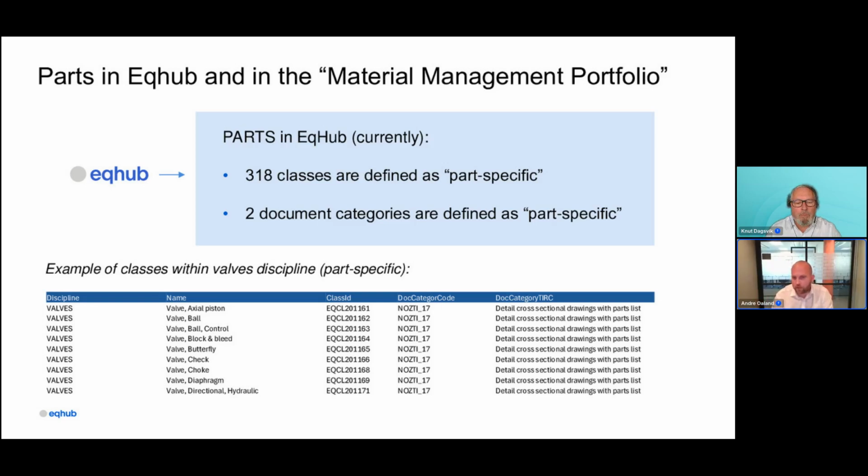The document requirement is still there. That's still the actual requirement in EqHub, but you will also have an option to provide data for the parts. We'll come into why that could be a benefit for you and the potential operators and contractors further into the presentation. The example below just shows a bunch of classes within the valves discipline having a so-called part-specific document associated with it.